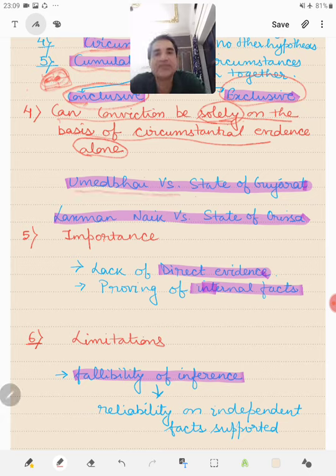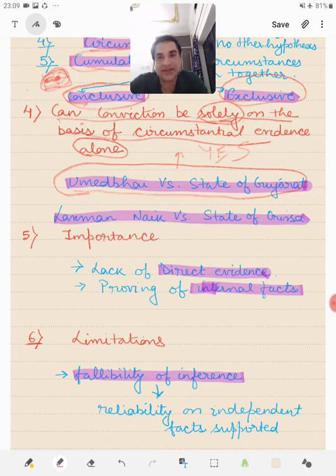Friends, in Umedwai versus State of Gujarat, the answer to this question was given in the affirmative, that yes, conviction can be solely on the basis of circumstantial evidence alone, provided, but there are certain limitations to it, provided that there is no direct evidence, and provided all these 5 basic things are completed. That is, it is conclusive in nature and exclusive in nature.